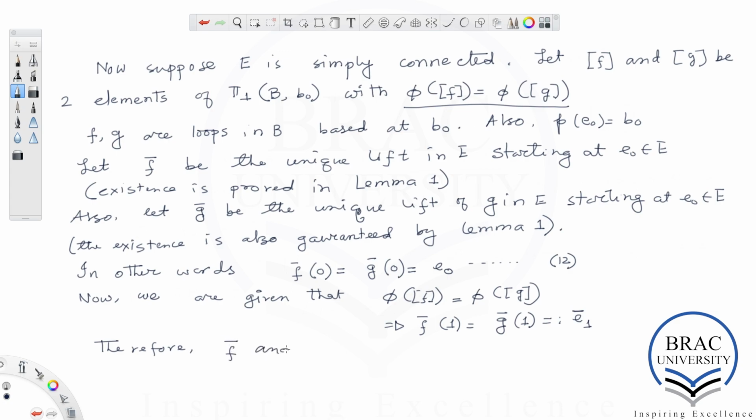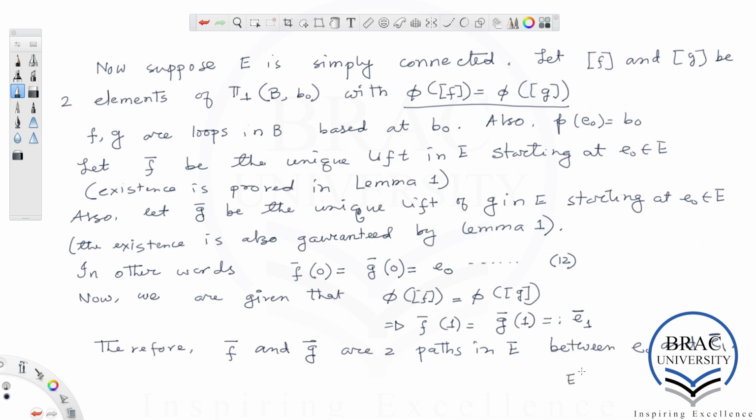F bar and G bar are two paths in E between E0 and E1 bar, okay?